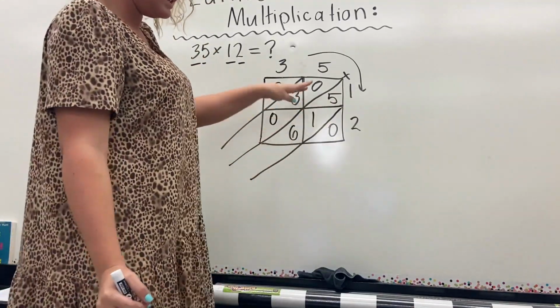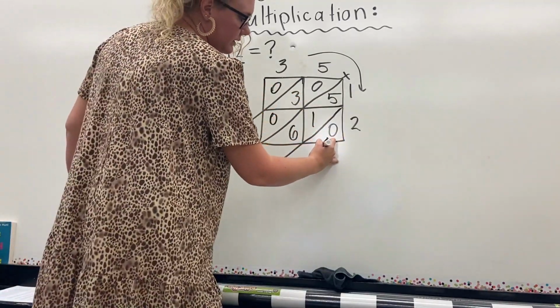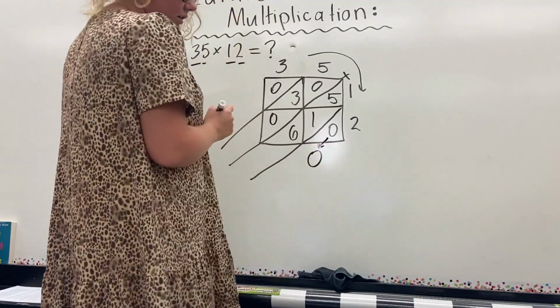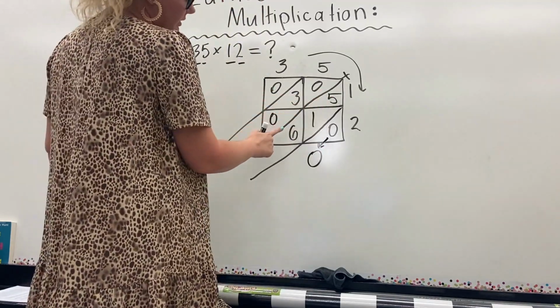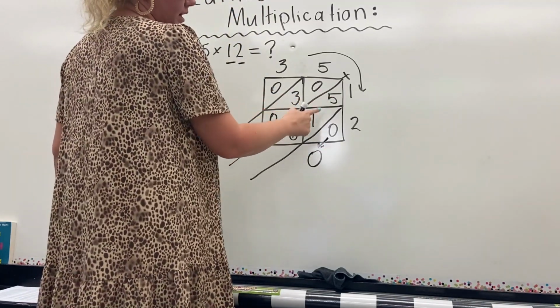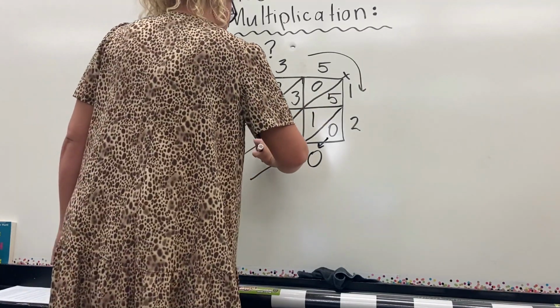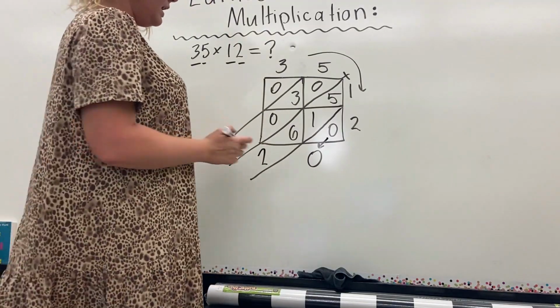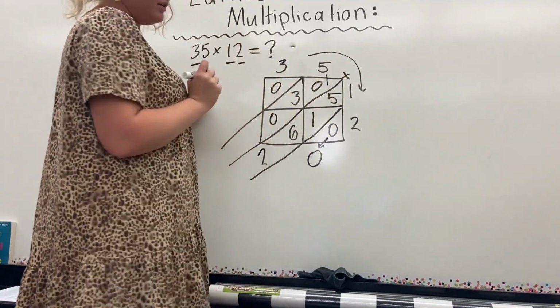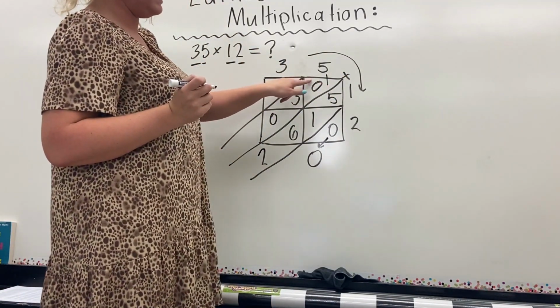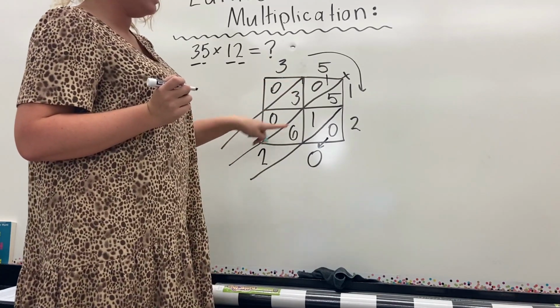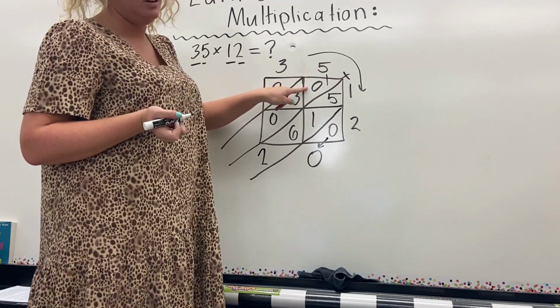All right, so now I've multiplied everything out. I'm now going to add my diagonals. Lonely little 0 here. Bringing it on down. Now 5 plus 1 plus 6. Well, 5 plus 1 is 6, and I know that 6 plus 6 is 12. So I'm going to put the 2, and I'm going to carry my 1 to the next column. So now I have 1 plus 0 plus 3 plus 0. Well, 1 plus 0 is still 1.